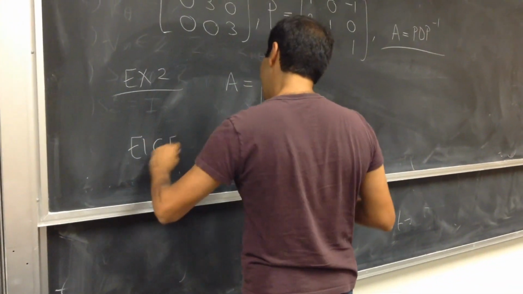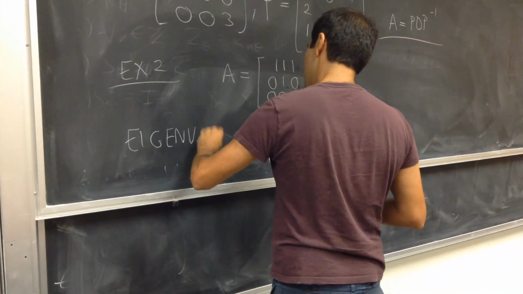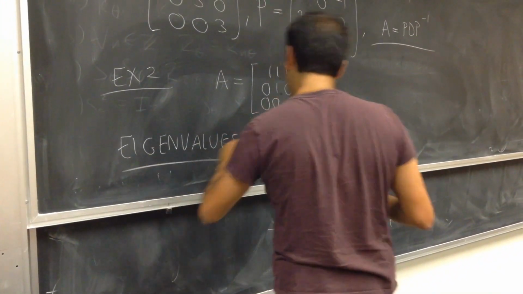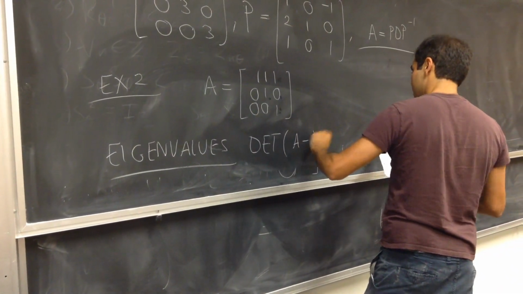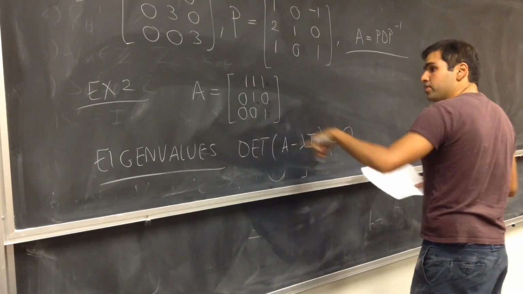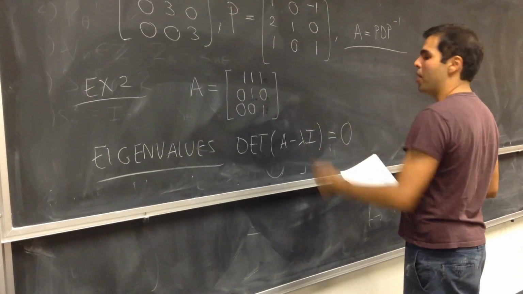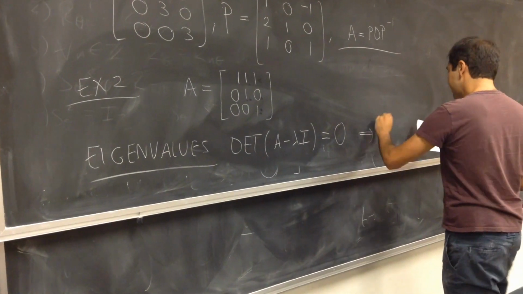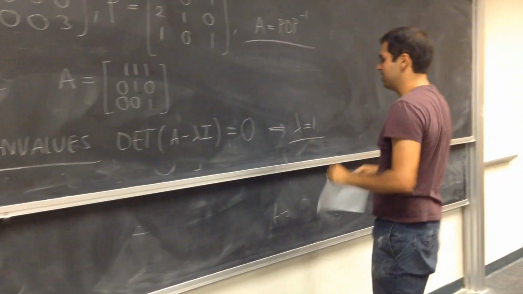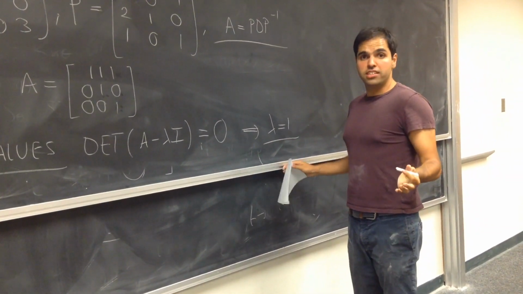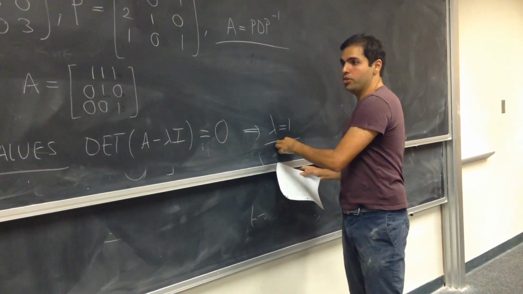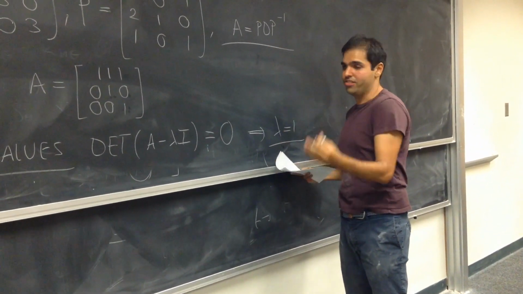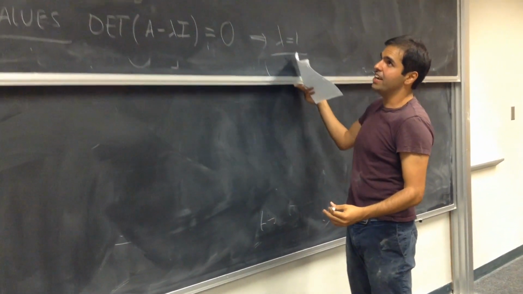Let's find the eigenvalues. Determinant of A minus lambda I. You do this, not hard, because this is upper triangular, and you get that lambda equals 1. No need to despair. It could happen that you could still get 3 linearly independent eigenvectors.